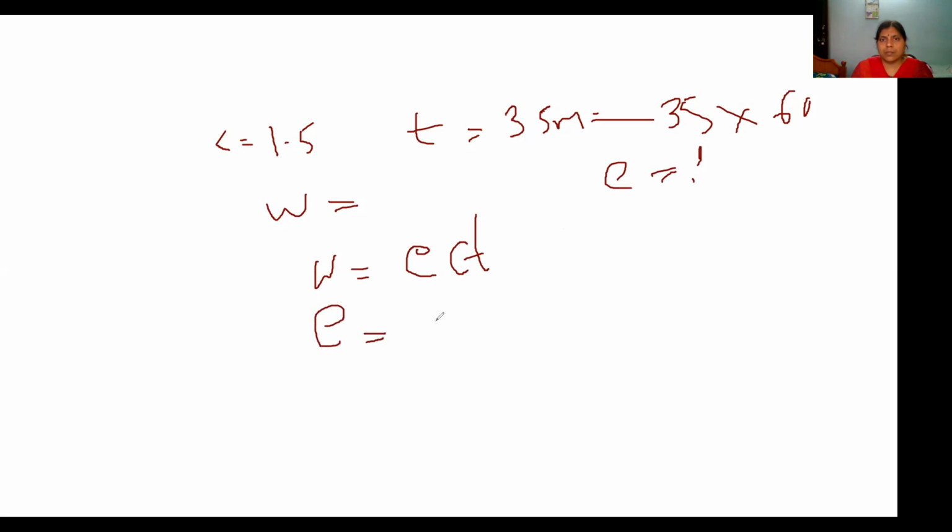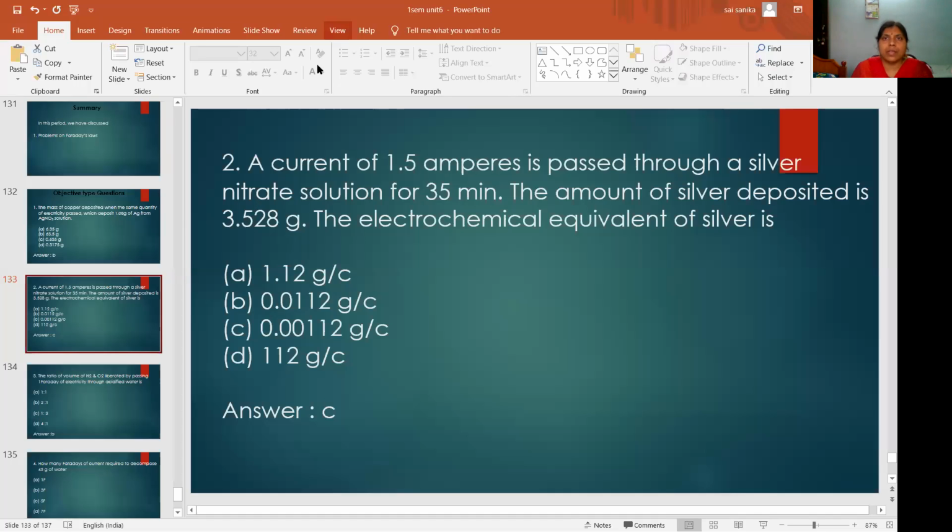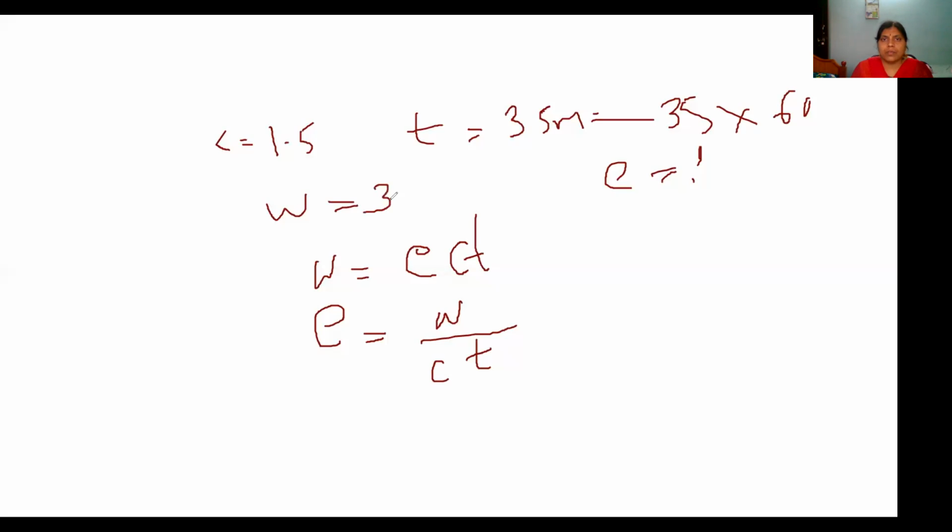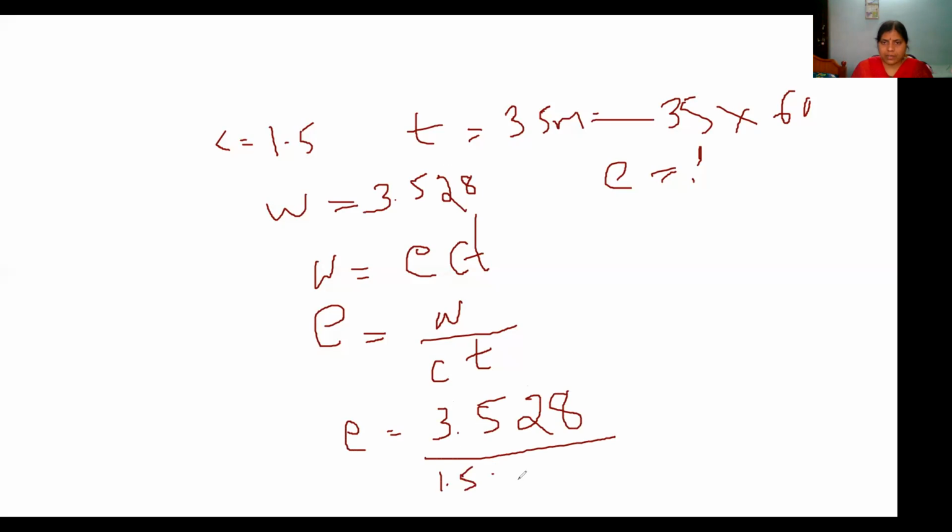E is equal to W by C into T. So E is equal to 3.528 by 1.5 into 35 into 60.